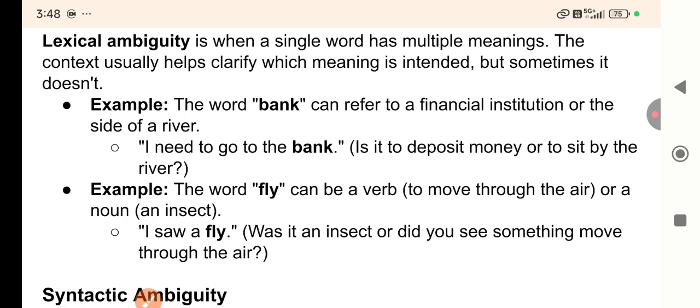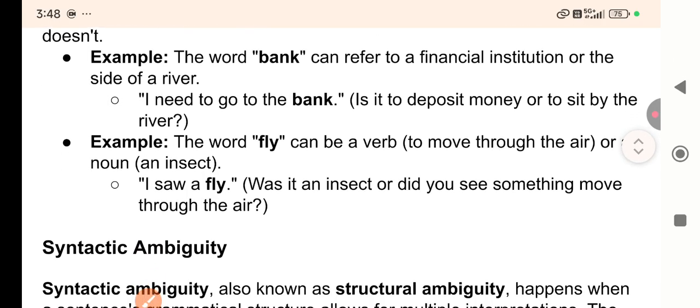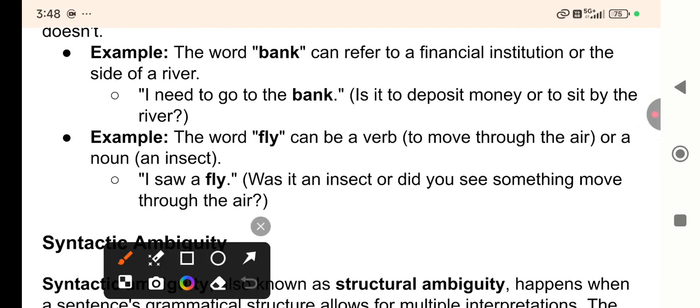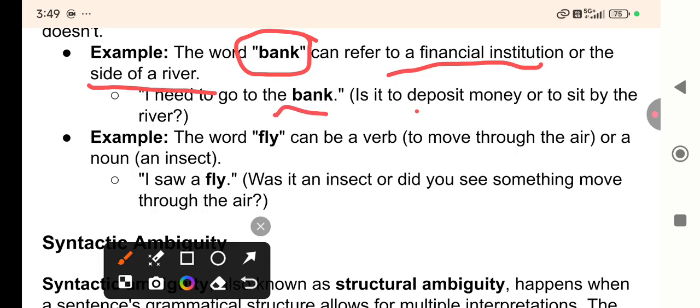Let's see the example. Bank is a very common word and creates ambiguity. The word bank can refer to a financial institution or the side of a river. Suppose you say, I need to go to the bank. Either you want to deposit money or you want to sit by the river. It is not clear.